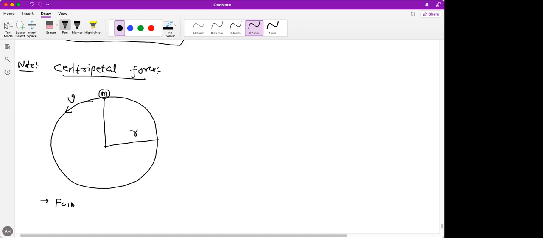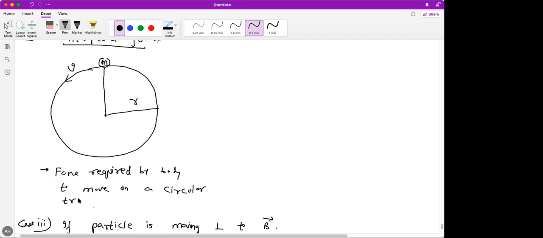Centripetal force is the force required by a body to move on a circular track. The formula is mv square by r, or you can write this as m omega square r.